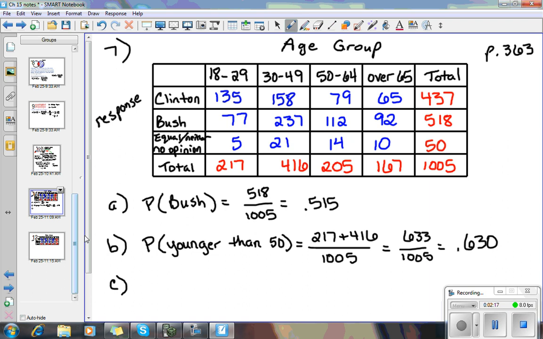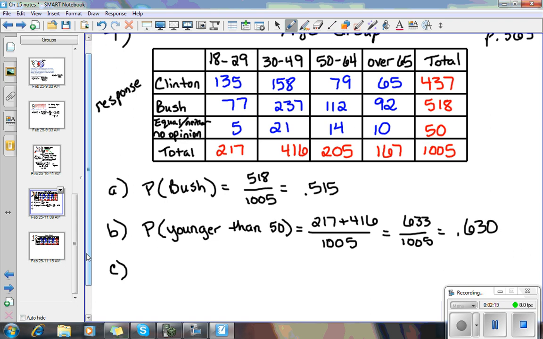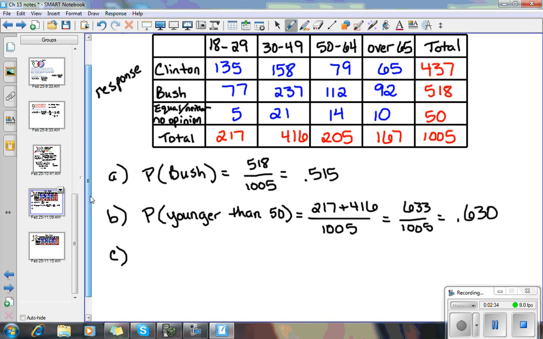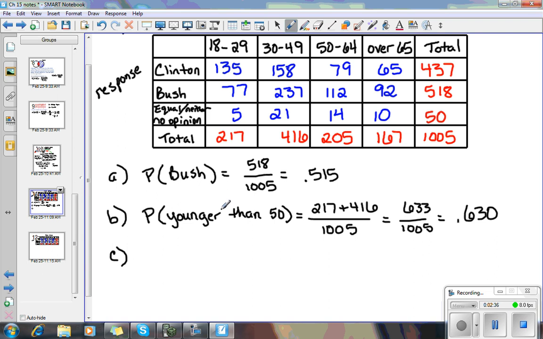Part C. What is the probability that the person is younger than 50 and thinks Hillary Clinton best fits their ideal? Now, we're still talking about out of the 1,005 people. So we want younger than 50 and thinks Clinton is the ideal. So let's write this out. I'm going to put younger than 50 and Clinton.